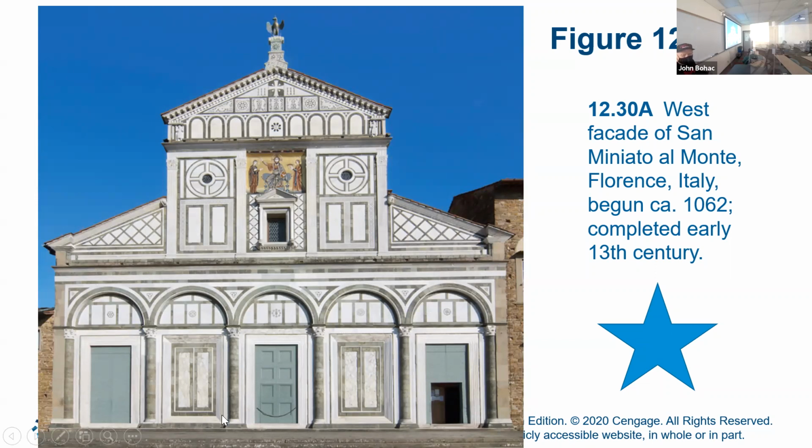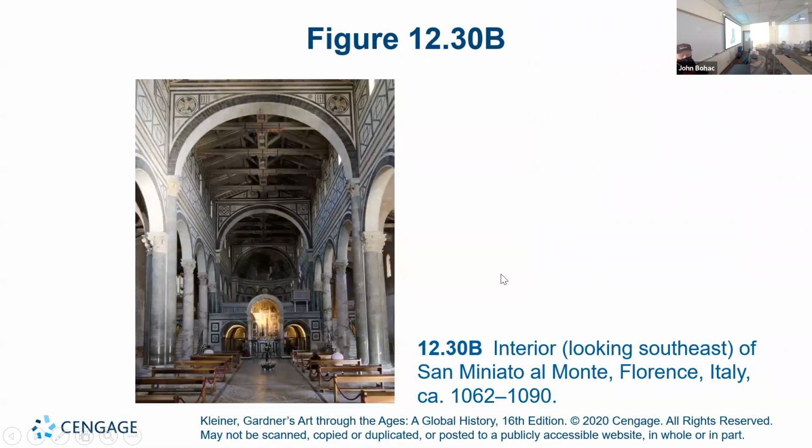And so they can start really concentrating on ratios and proportions and geometric shapes. To be sure, we still have Christ here, the symbol of Christ, and an angel on top, but kind of different. It's completed in the 13th century, so in the 1200s.